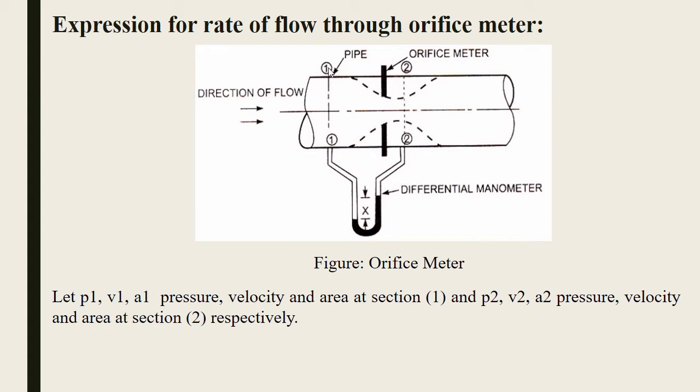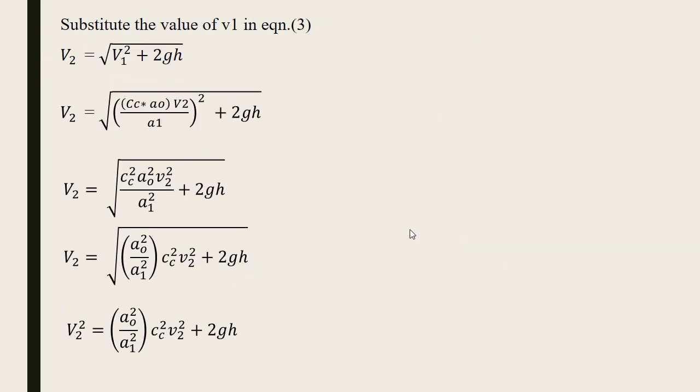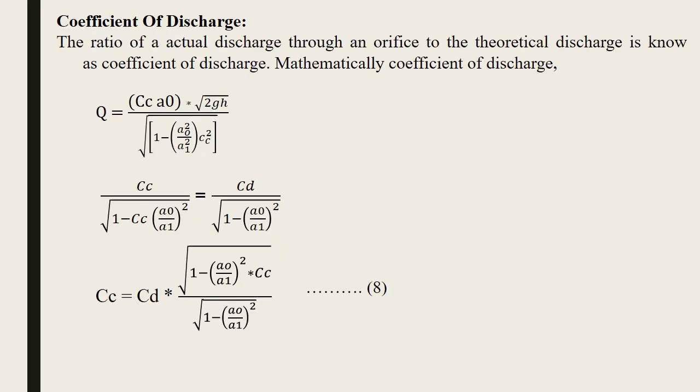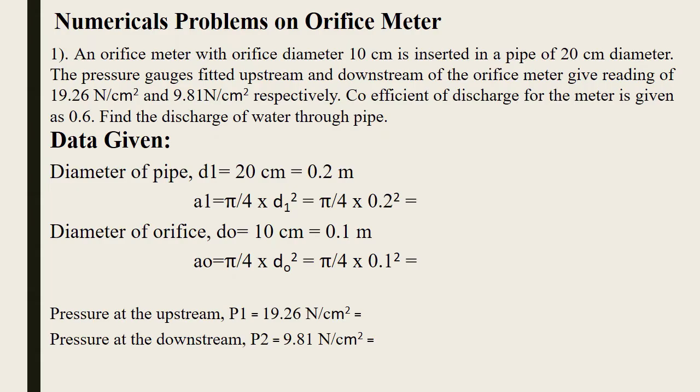Most of the numericals are considered like this: P1 is going to be the upstream, so section 1 is taken as upstream and section 2 is taken as downstream. In numericals he might give you the same data in different wordings.